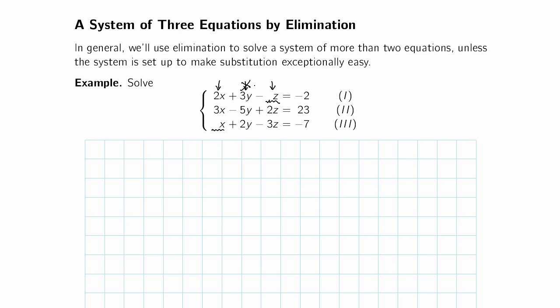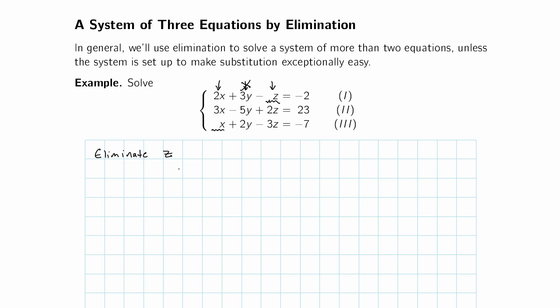It's easy to multiply those by something to get the opposite of the coefficients in the other equations. So I'm going to choose one of those to start with. And I can choose to eliminate either x or z. I'm going to choose to eliminate z, simply because then I'll be down to an x and a y.